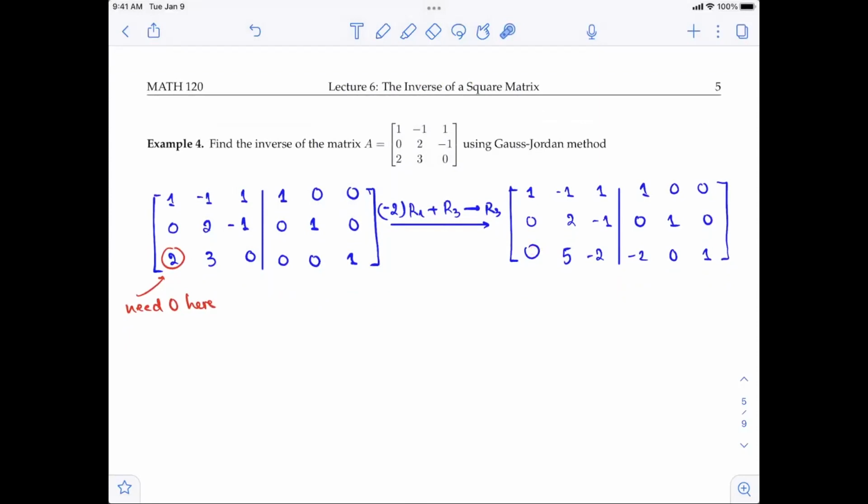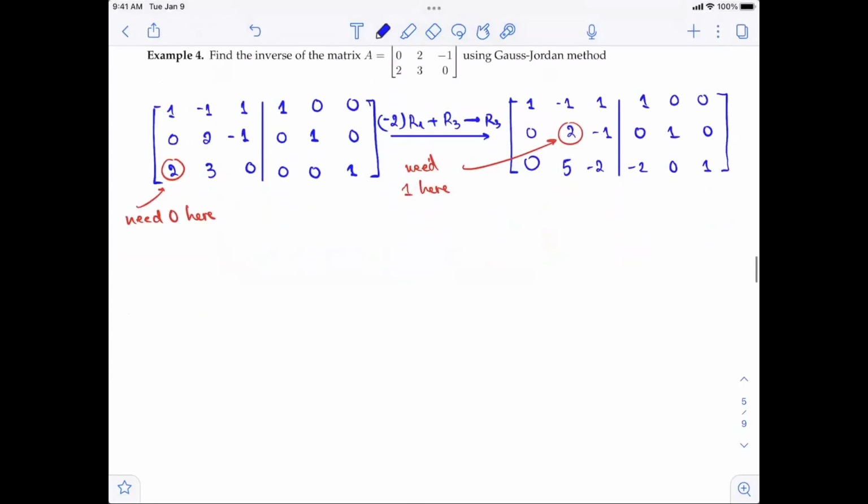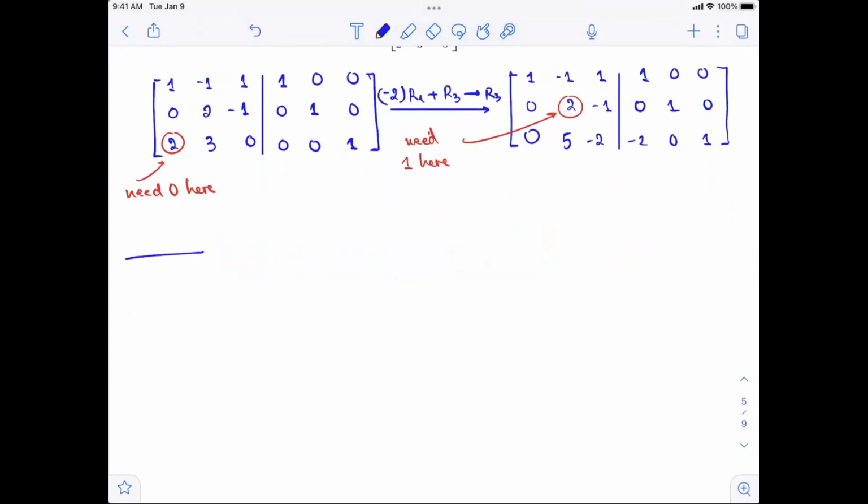Okay, so we're done with the leading one in the first row, and the entry below it has to be equal to 0. Now moving on to the second row, right? That means you want to turn this into a leading one. So we need 1 here. To turn that into a 1, you just multiply row 2 by 1/2 to create a new row 2.